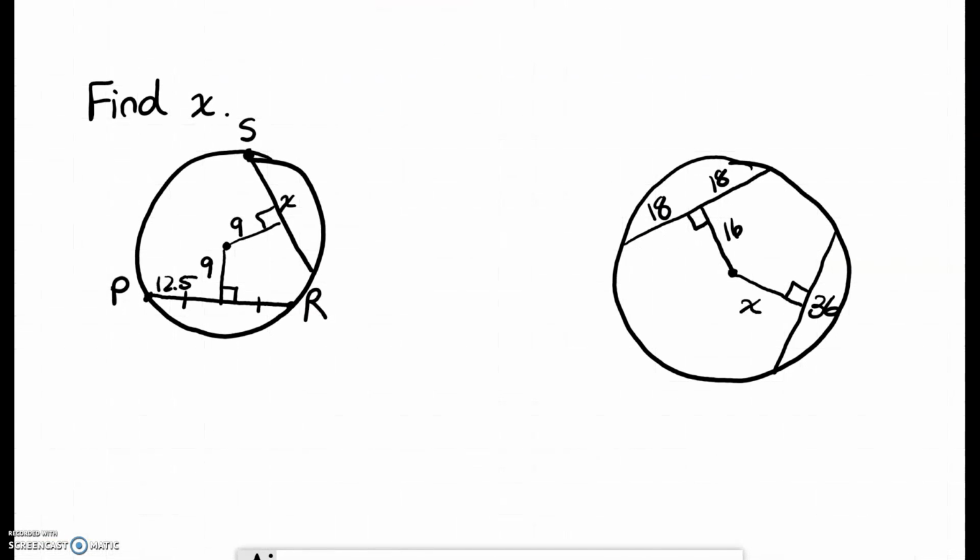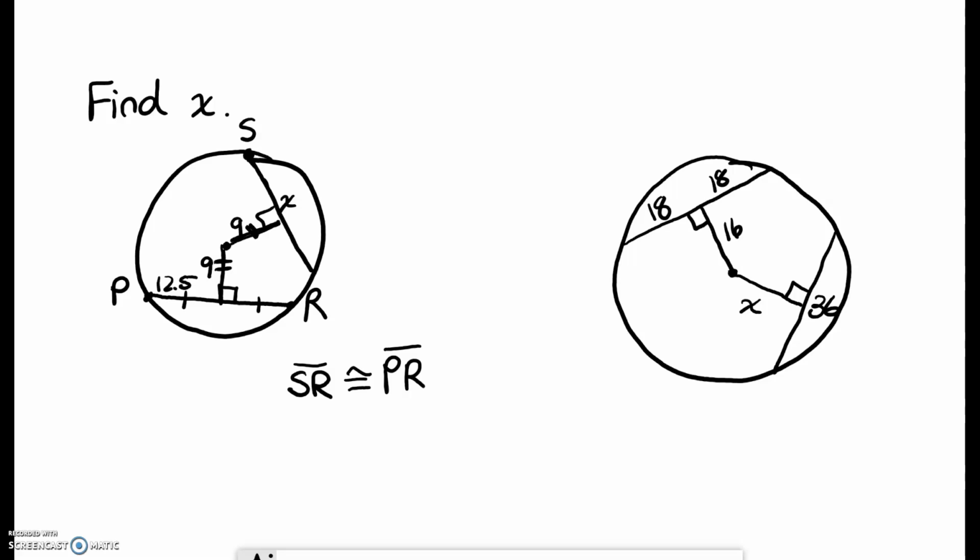Here I have this distance of 9, which is congruent to this distance of 9. So chord SR is equidistant from chord PR, so these two chords are congruent. If I can figure out what PR is, I know what SR is.